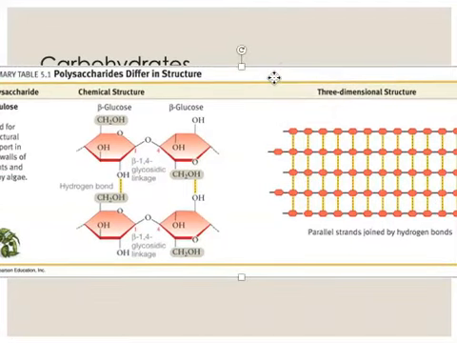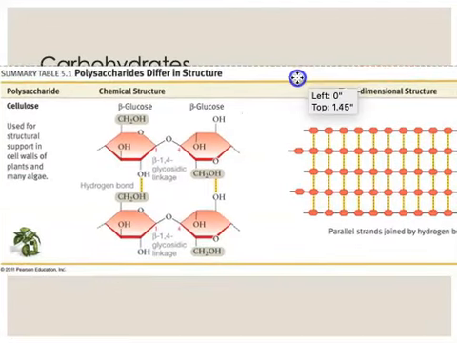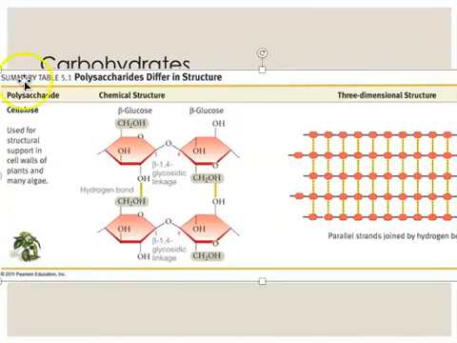So if we look at this portion of our summary table, we can see we're talking about cellulose here. We can see that cellulose is made out of individual units of glucose. This time they're bound together with beta-1,4 glycosidic linkages. And this time, if you go from one glucose to the next, you're going to see that it is flipped over 180 degrees.